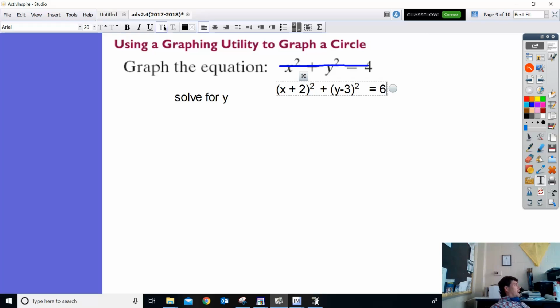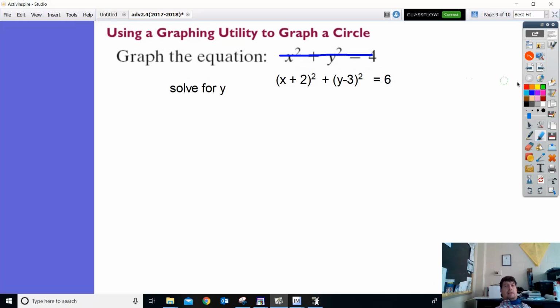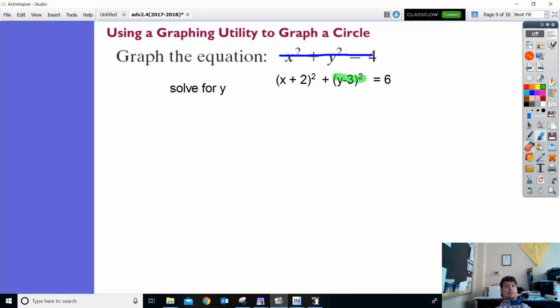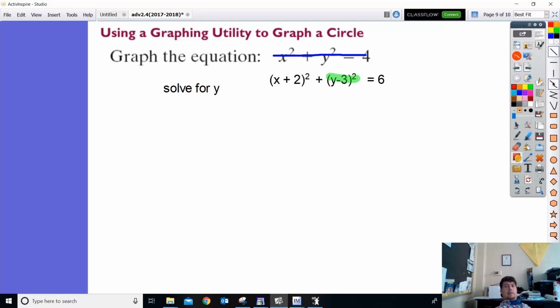So we're going to solve that thing for y. It's really not that hard to do. Every year I've taught, I've taught isolation. I don't try and recreate. It's always about isolation. I want to isolate that. I don't want to worry about the squares.